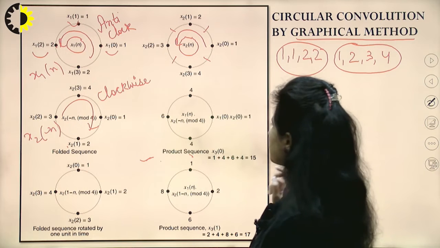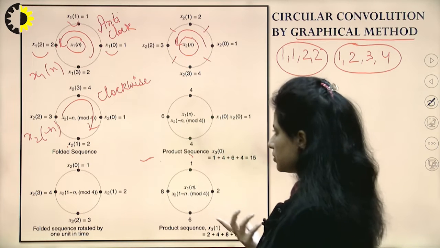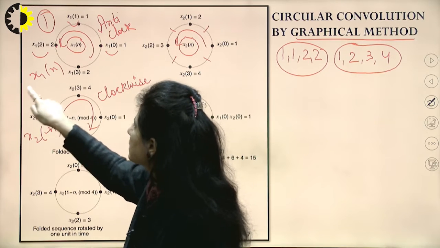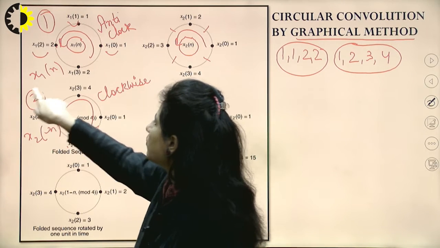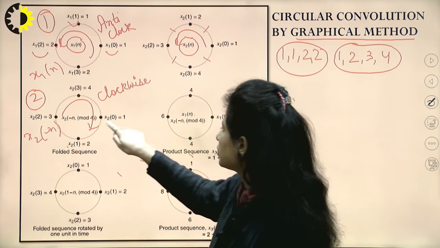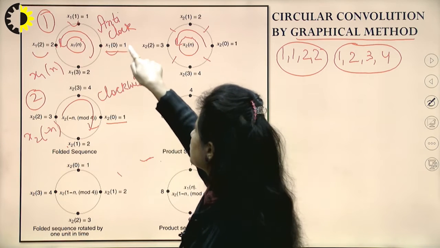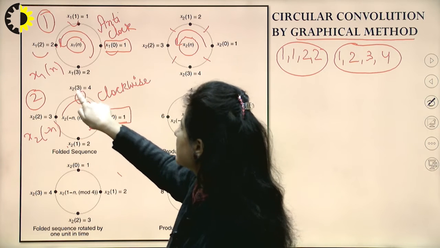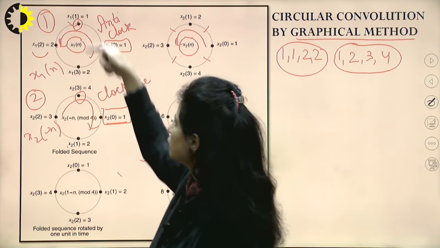So folding has been performed. The next step would be multiplication. This sequence and this sequence would be multiplied point to point. That means this position element and this position element would be multiplied. Similarly, the position of this element and this element is the same, so they would be multiplied.